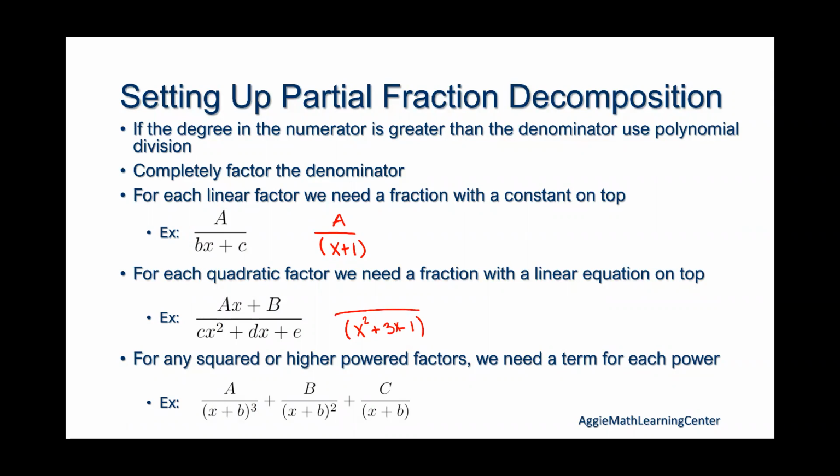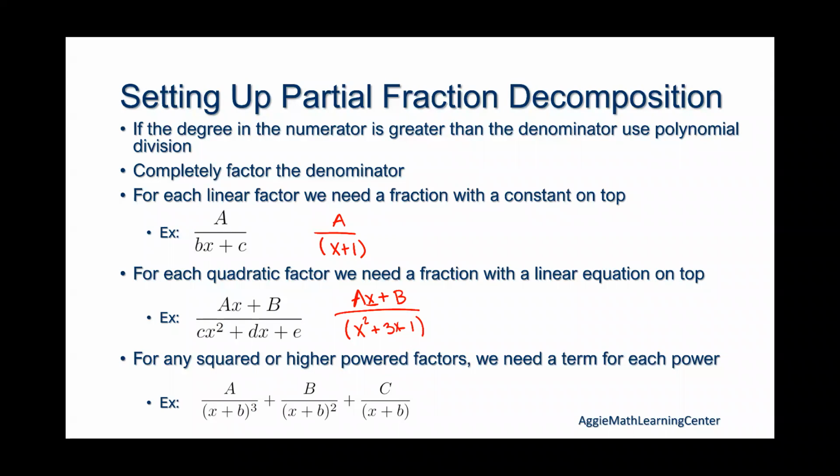So if you end up with a factor that is just a quadratic factor, you have to add a constant with an x plus a second constant. Because for every x, basically you need a constant, and if it's quadratic, you need an extra x in the numerator.